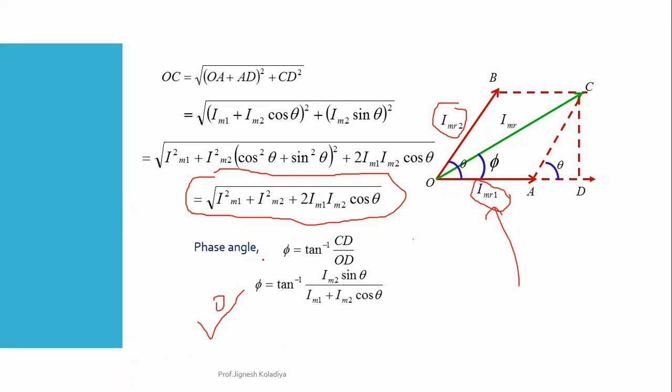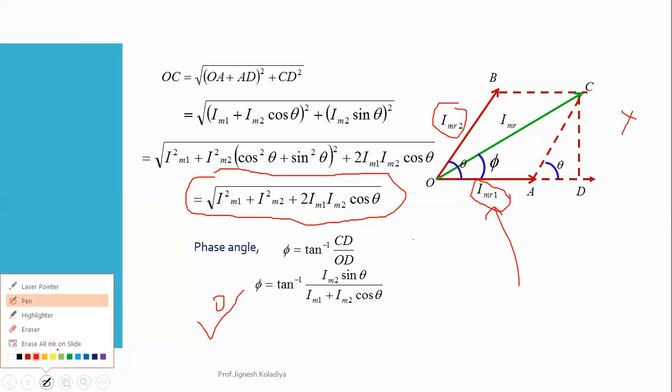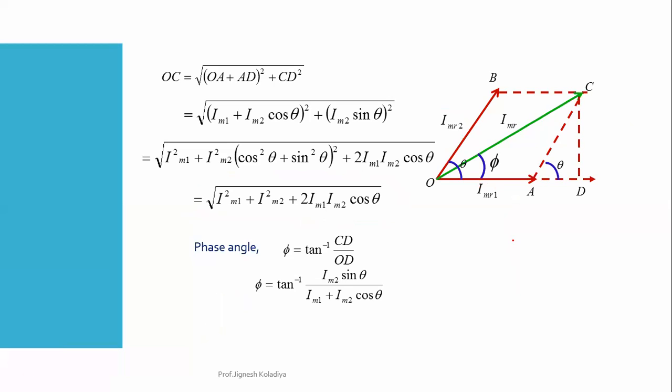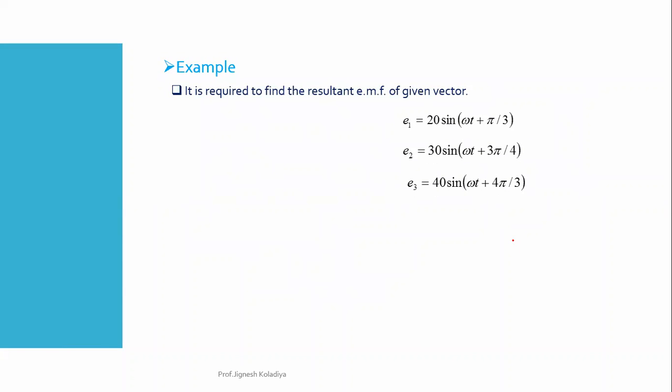If you remember these two equations, there is no need to draw the parallelogram while you are solving, right? Today we are going to see one more method. This is the example I told you, that whenever you are going to apply the parallelogram method for solving the numericals, then how you can apply.